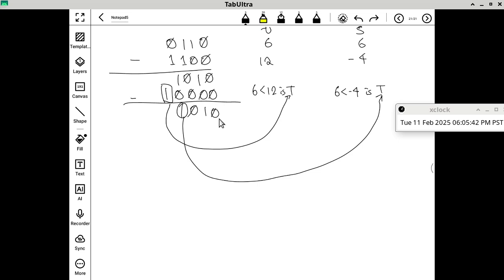In other words, in the signed interpretation, 1010 is -6. You go like, but that's not the right answer, because 6 minus -4 should have been a 10. Why do you think we have a problem here? Yep.